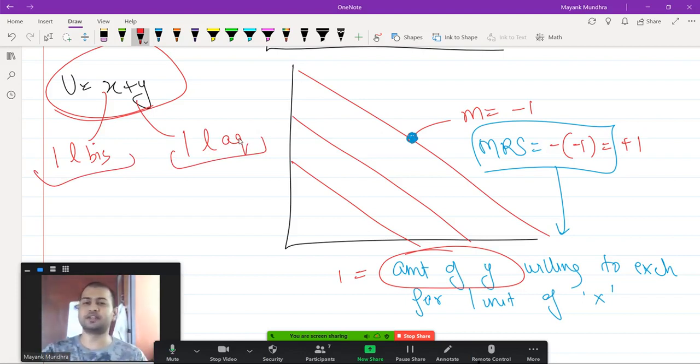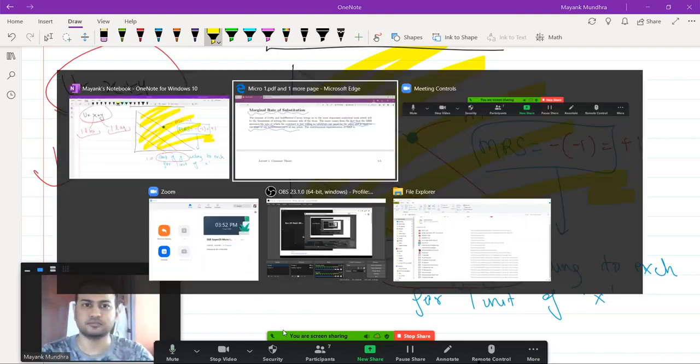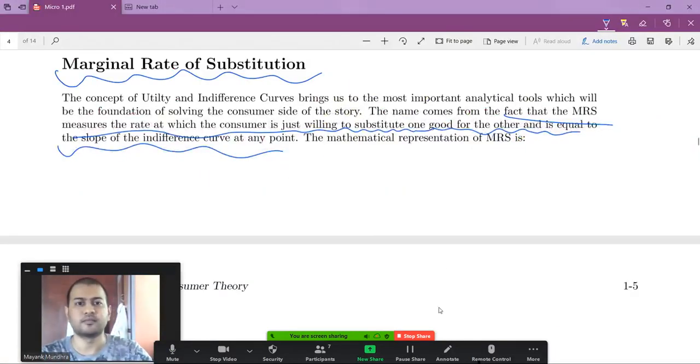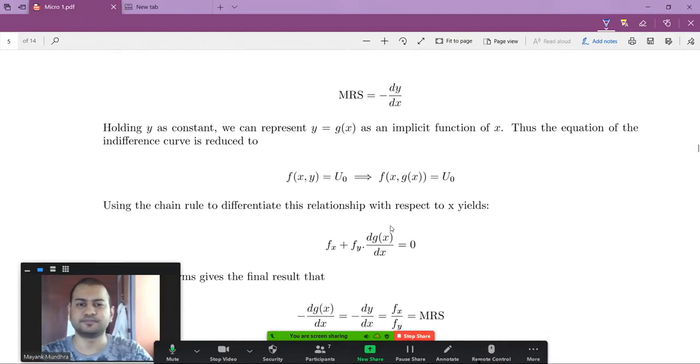That's all your MRS is saying: no matter where you are on your entire consumption set, you are always willing to exchange 1 Bisleri bottle for 1 Aquafina bottle, because you are indifferent between the two. Okay, so that's your MRS.